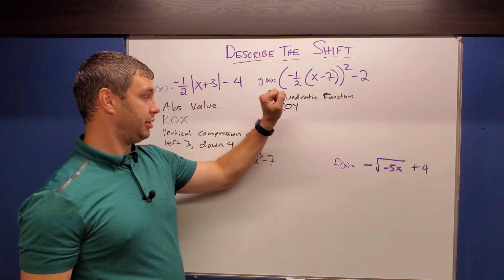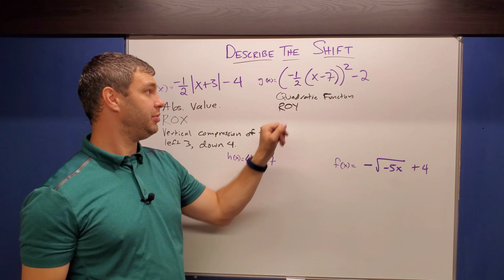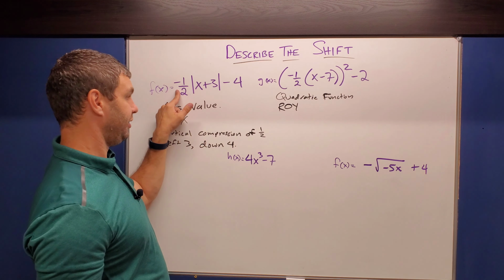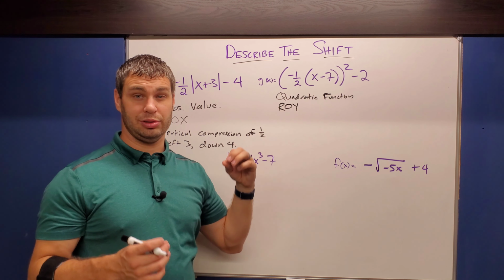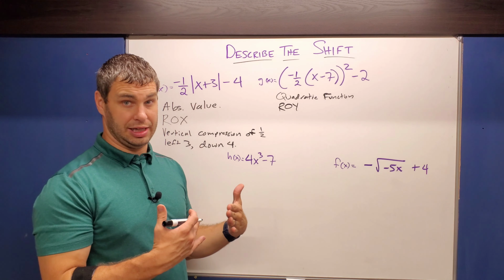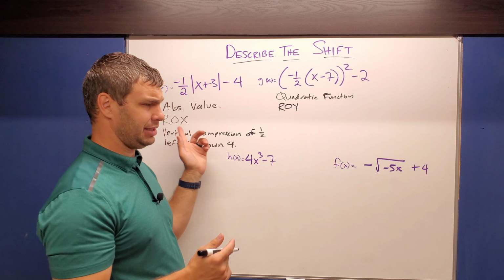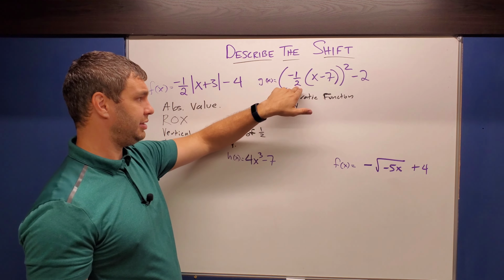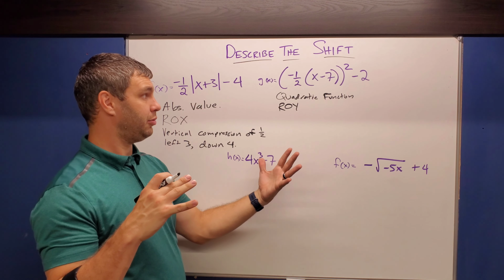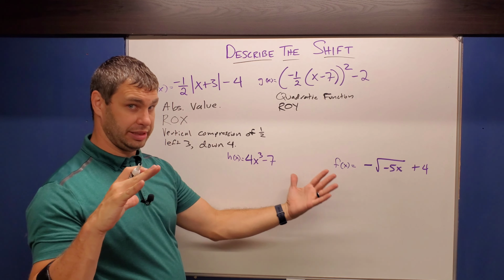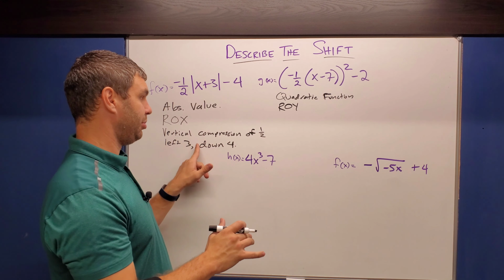The 1/2 that we come to, just like this one, when it was on the outside, affected it vertically. If it's on the inside and we have a number out here, that's going to affect it horizontally. And this is kind of the opposite of the other one. So here, if this is a 1/2, this is going to be a stretch, all right? Whereas if that number is bigger than 1, it's going to be a compression. So again, kind of the opposite of what you see over here.